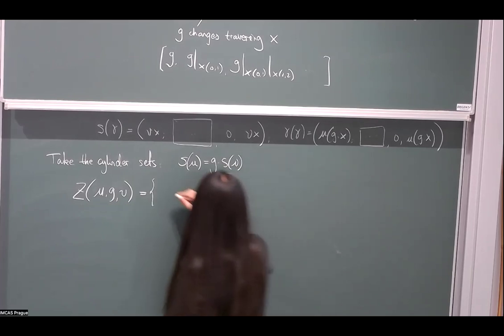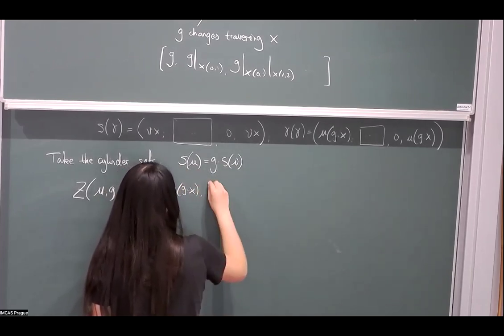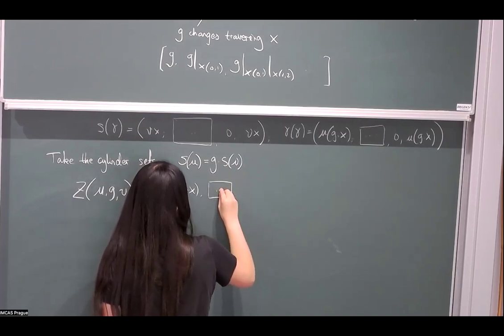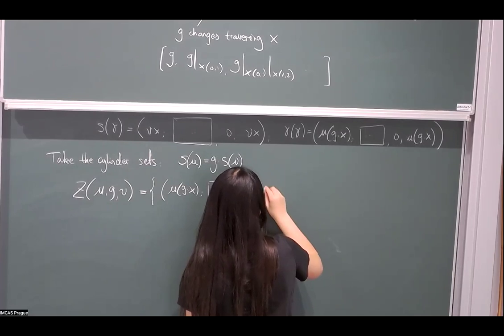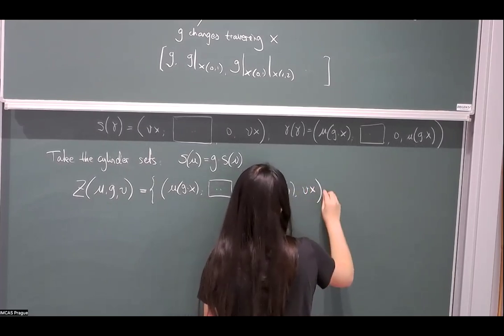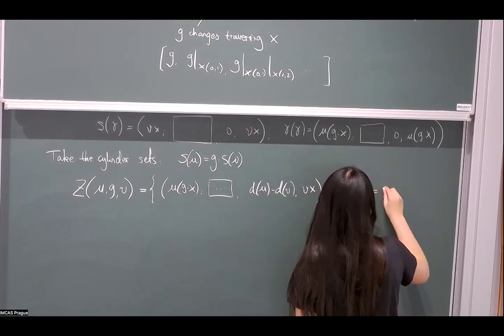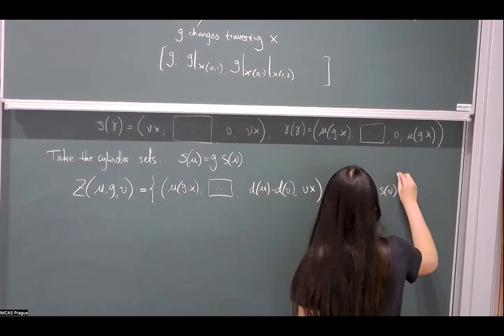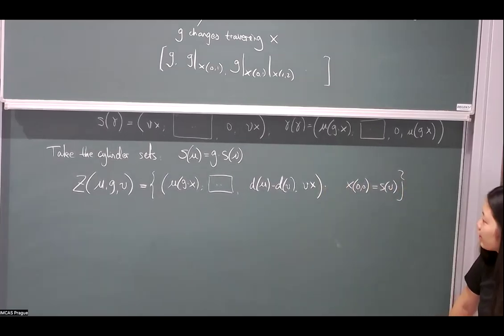And you form elements of the form mu g dot x, the self-similar part, d(mu) minus d(nu), and nu x, where x_{0,0} is the source of nu. So these will be our cylinder sets.